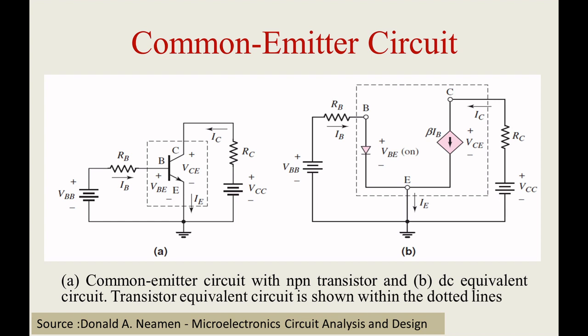Now we'll come to this very important common emitter circuit. I'm making clear we are studying it in the active region. Why do you want to work in the active region? Because only in that region will it act as an amplifier. When you see this circuit, it is biased with VBB and VCC. What is biasing?